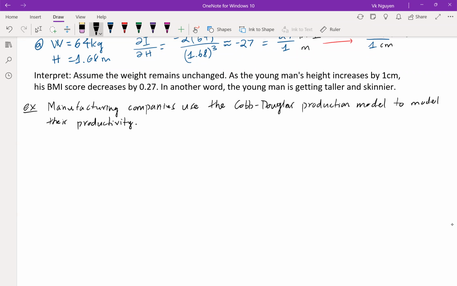Here comes the model, right? The Cobb-Douglas model. There's the model here.